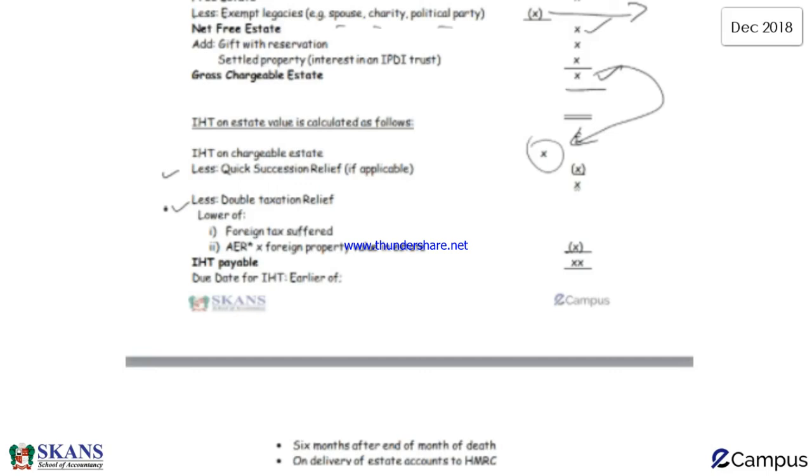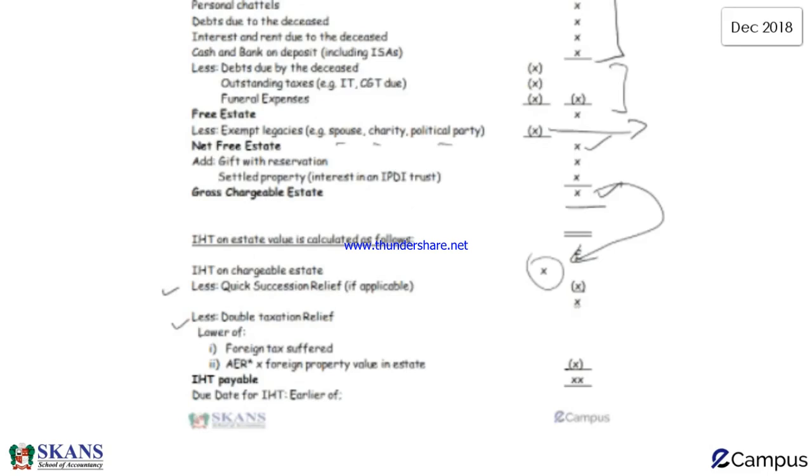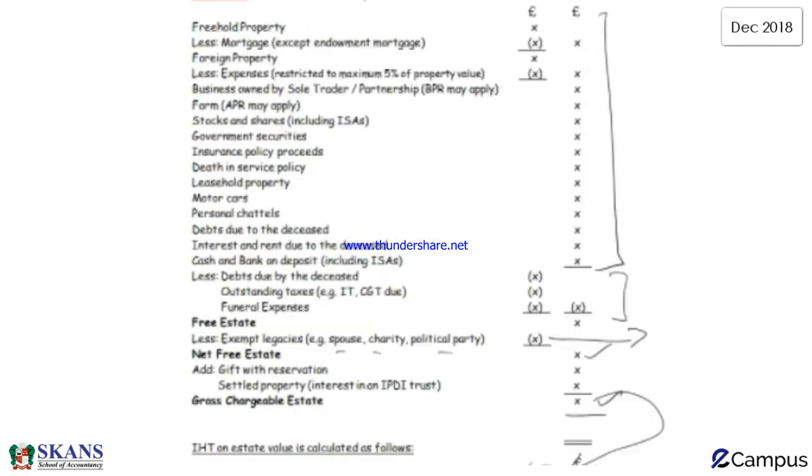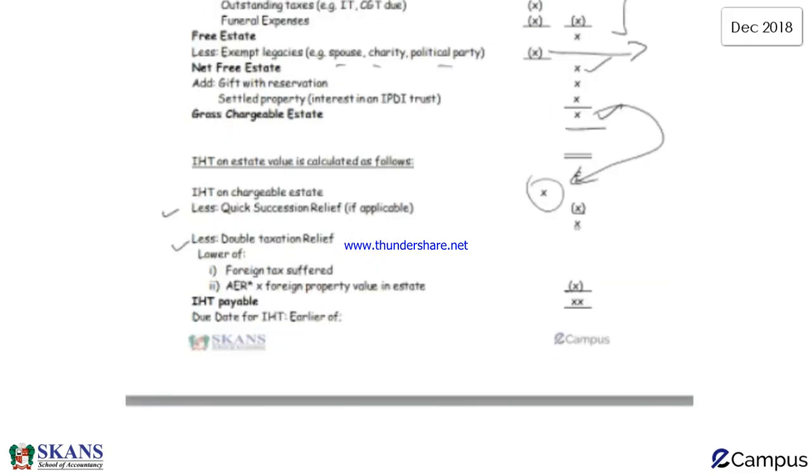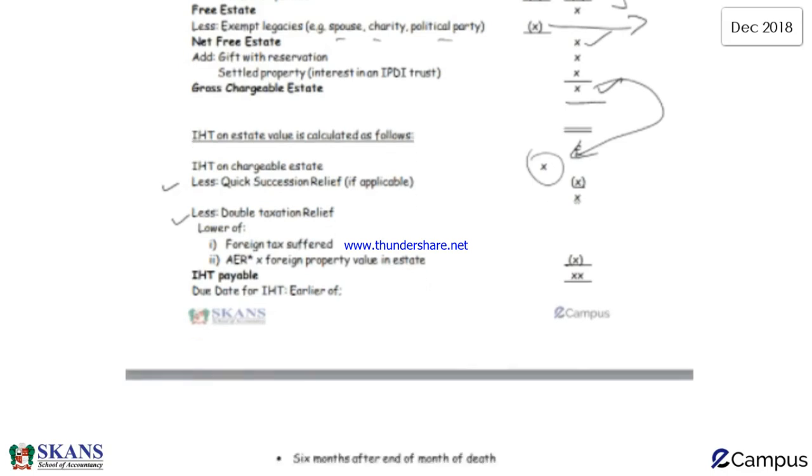Well, quick succession relief is applicable whenever we can see that while preparing this death estate, there was an asset which our client inherited or acquired through gift of someone, and that asset would get taxed twice within 5 years because of the death of our client within 5 years of the previous death. So we'll be discussing how this is applicable and how to calculate that amount.